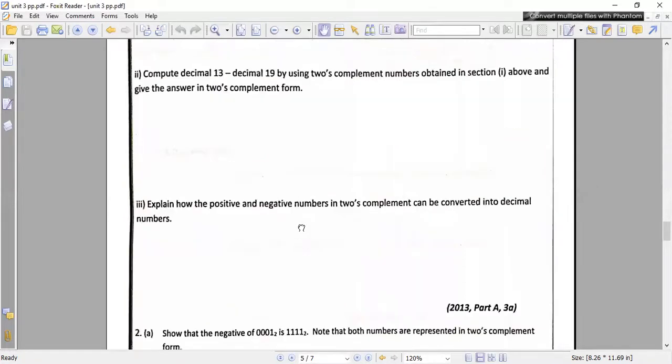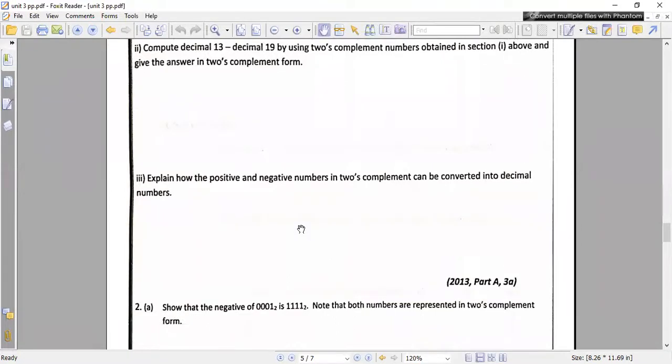Explain how positive and negative numbers in 2's complement can be converted into decimal numbers. So what you can tell is, check the most significant bit, whether it's a 1 or 0. If it is 0, it's a positive value, just convert it to a decimal value by using powers of 2.